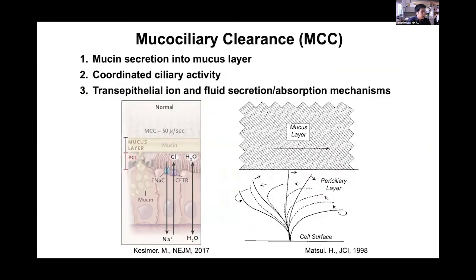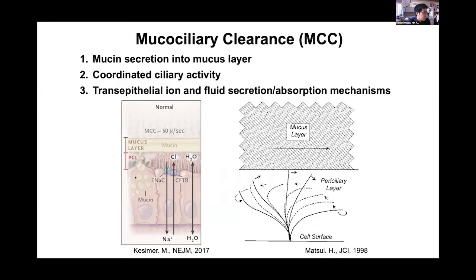An important innate defense mechanism of the lung is mucociliary clearance, which is composed of 3 major cellular activities. One is mucin secretion into the mucus layer.